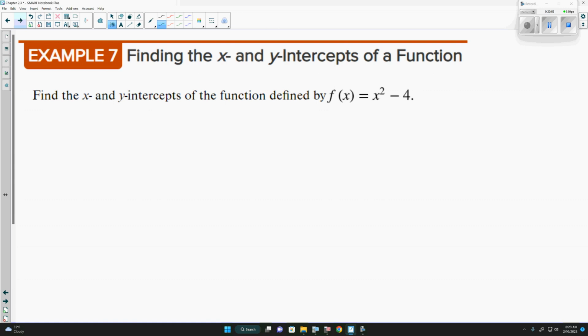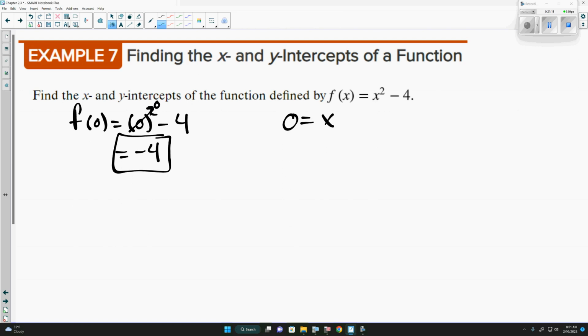So if we want the y-intercept, we're plugging 0 in for x. This here is just 0. So the y-intercept is -4. The x-intercept, 0 is equal to x squared minus 4.